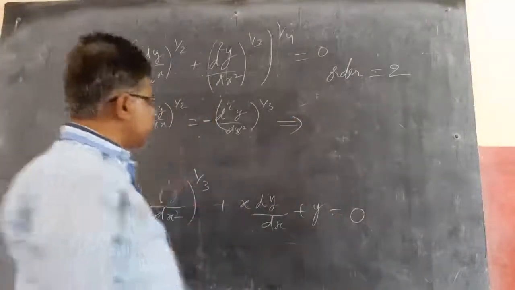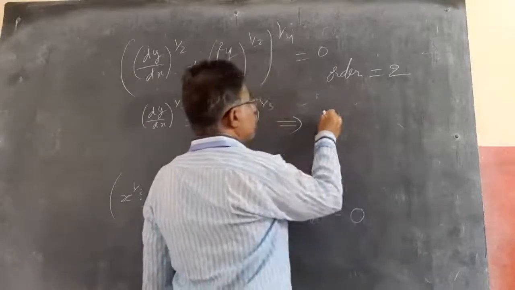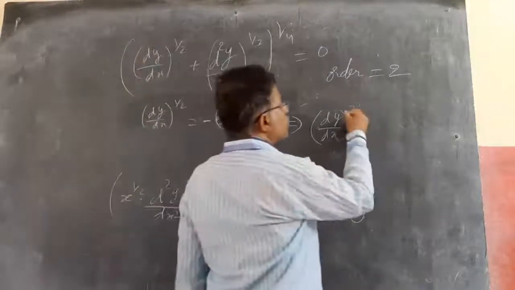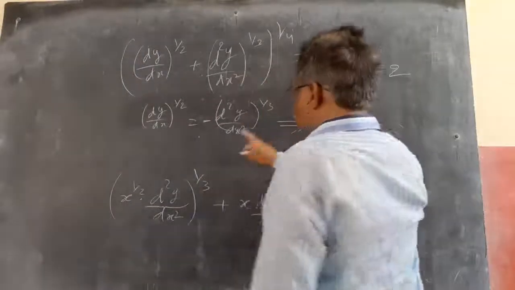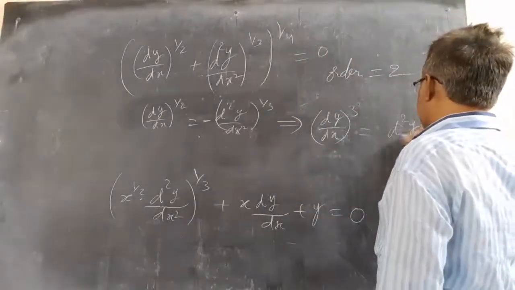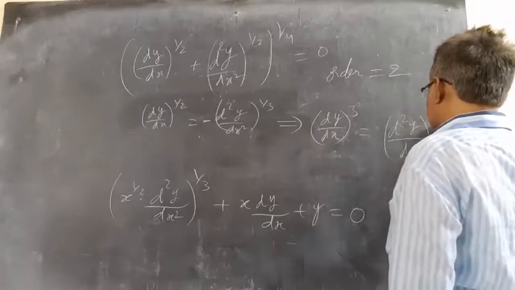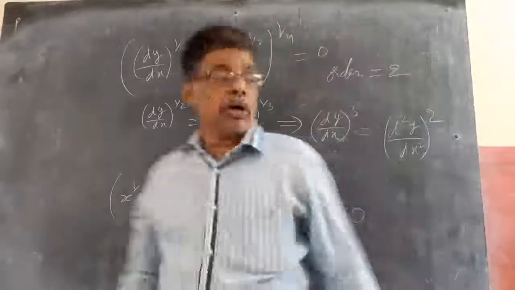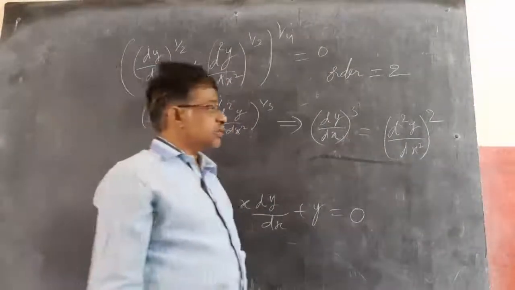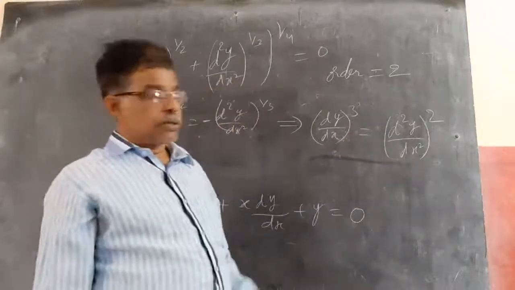Whole power 6 means (dy by dx) whole power 1 by 2, whole power 6 becomes whole cube, equal to whole power 6, so automatically positive. Again (d square y by dx square) whole power 1 by 3, whole power 6 becomes whole square. So now this is free from radicals. Now this is a polynomial. So (d square y by dx square) whole square minus (dy by dx) whole cube equal to 0.